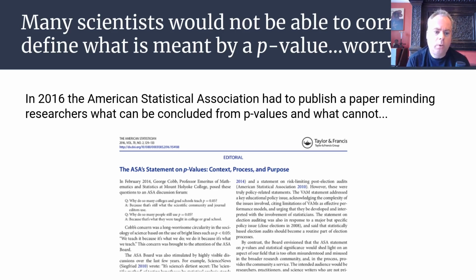And it got to the point where in 2016, the American Statistical Association actually had to publish a paper reminding researchers what they can conclude from p-values and what they can't.